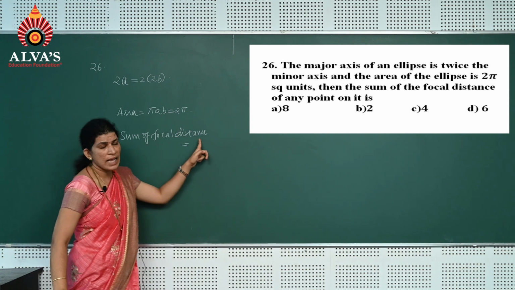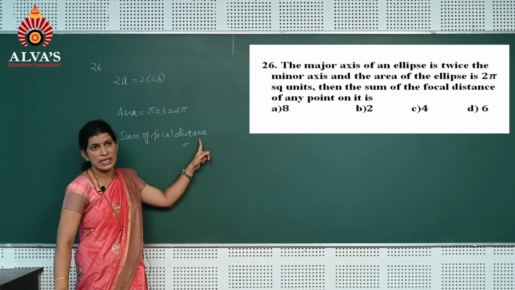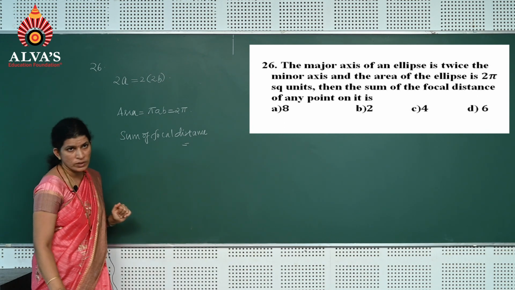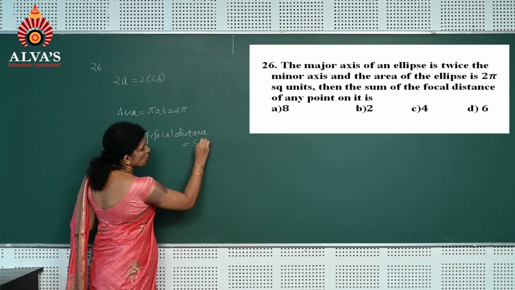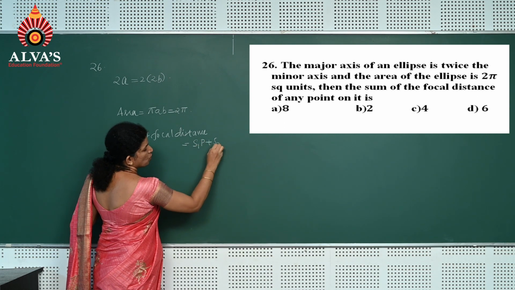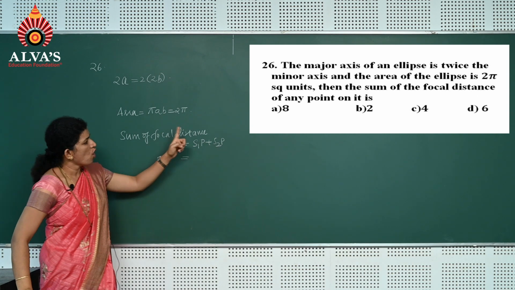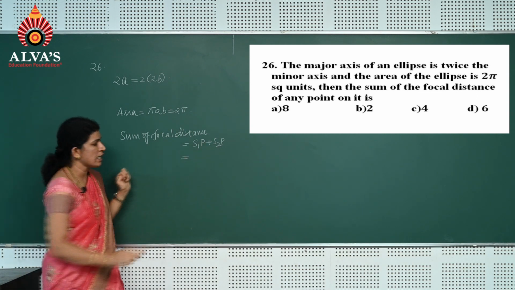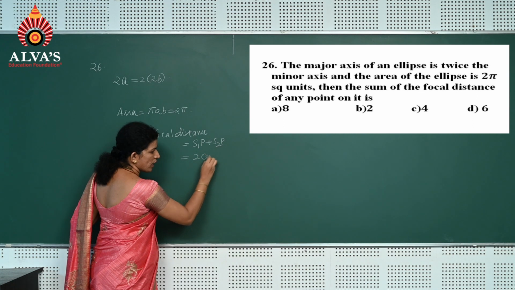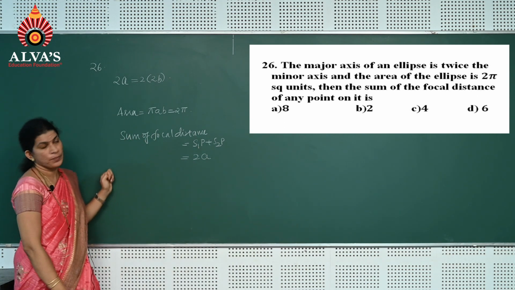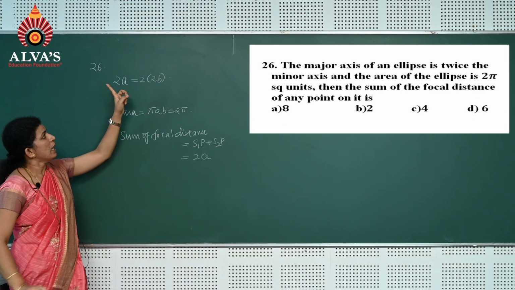I am taking P as any point on the ellipse. S1 and S2 are the foci. We want S1P plus S2P. We know the sum of the distances of any point from the foci is nothing but 2A. 2A we want.